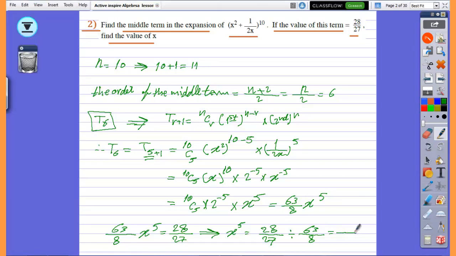So x power 5 equals 32 over 243, and this is the value of x power 5, but the requirement here is to find x.